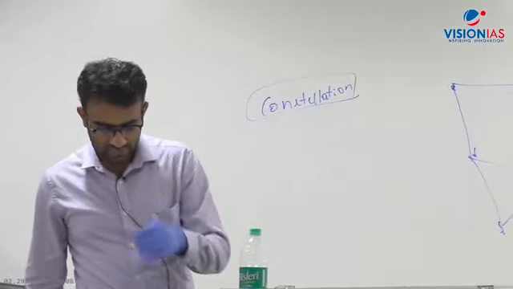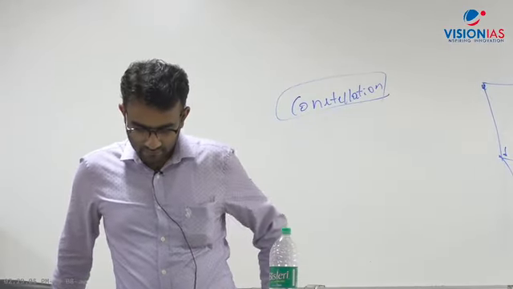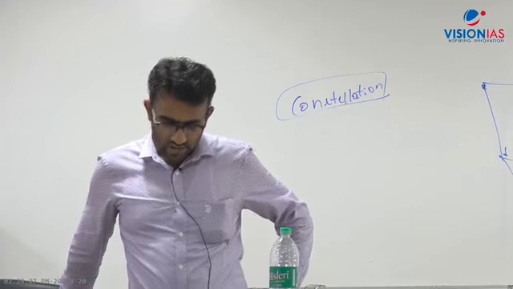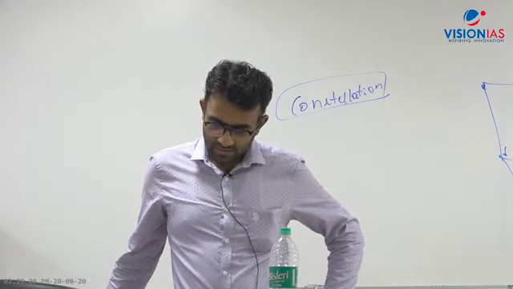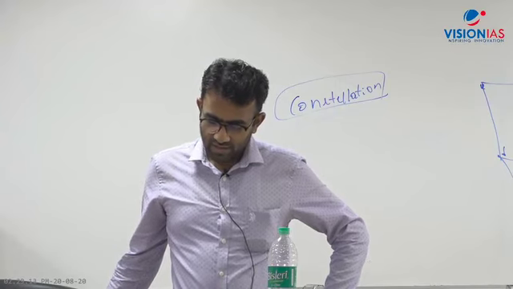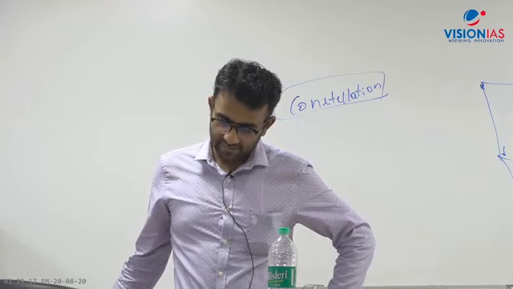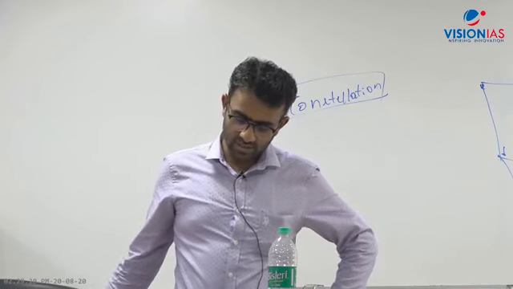What is constellation? You can write: the group of stars forming a recognizable pattern in the sky is called a constellation.